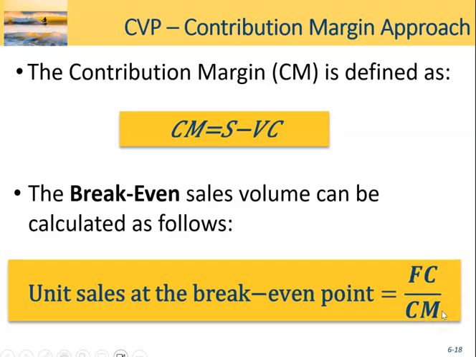And if you remember when we did the last section, it was FC divided by S minus VC, right? So we were looking at the same thing. It's just now we're figuring out what the actual contribution margin is and dividing that into the fixed costs.